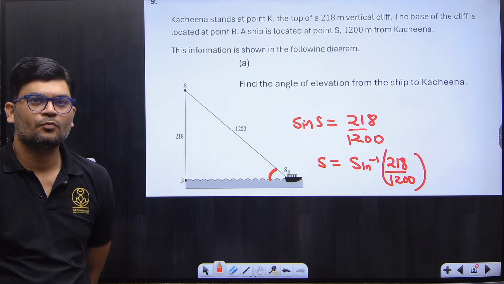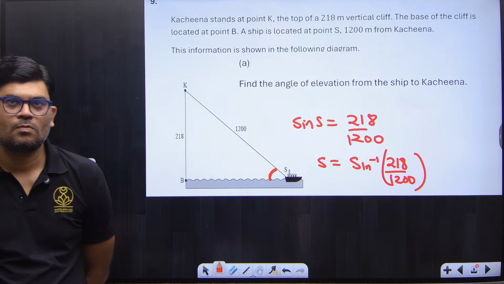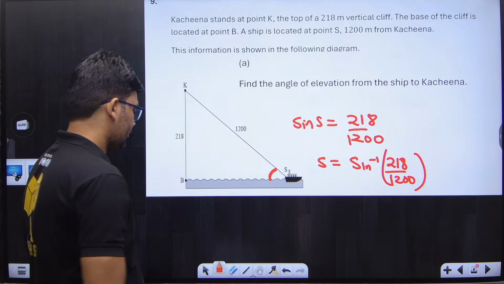Done? My calculator isn't able to find inverse of anything, so I'm trying to find an online calculator. Okay. I got 10.46.